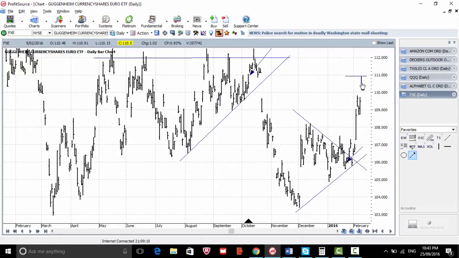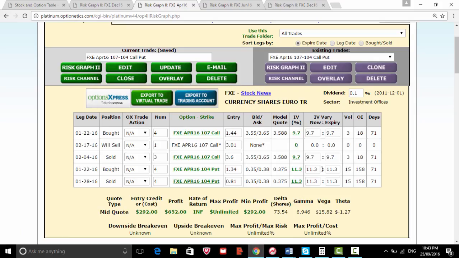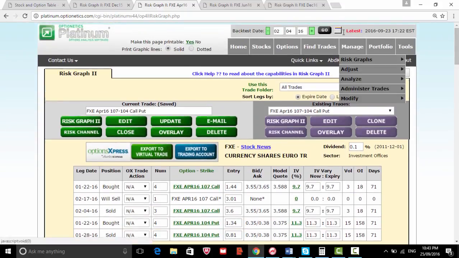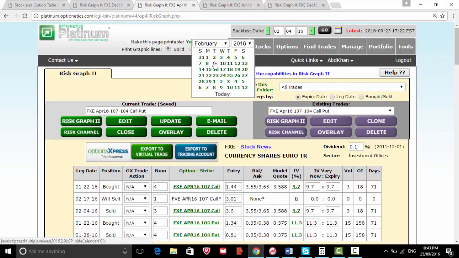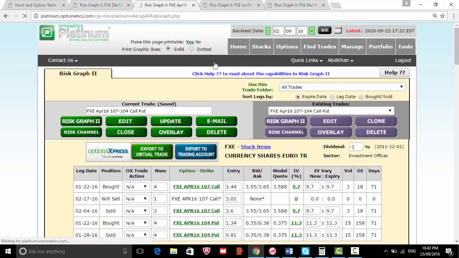Let's have a look at the position at the 9th of February. Just waiting for that to load. So let's look at the status of what the position looks like. What's the performance of the position on this day, which is the 9th of February.